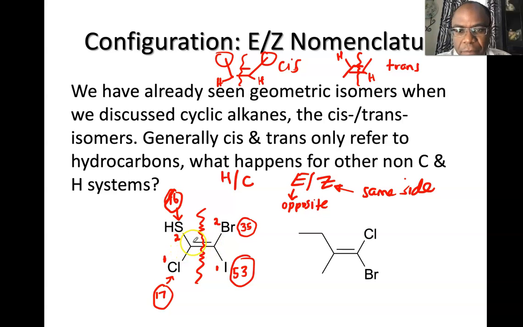Notice that I'm assigning priorities to groups directly attached to the sp2 carbons. I don't care about the hydrogen. I'm just caring about the sulfur, chlorine, iodine, and bromine. Cut it across, assign priorities based on atomic numbers on each side. So in this case, the high priorities are on the same side, so I should call this the Z isomer.